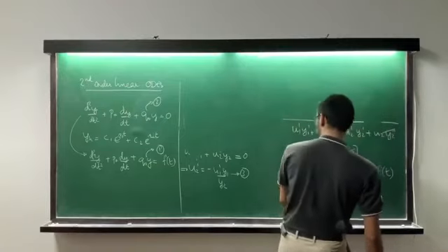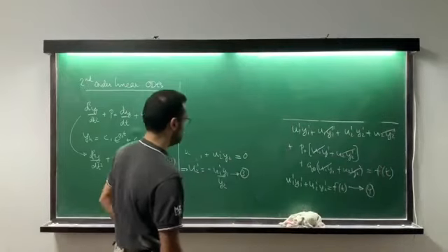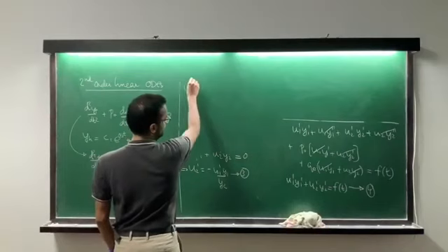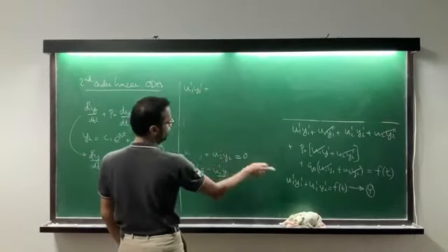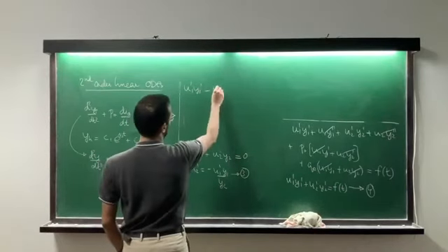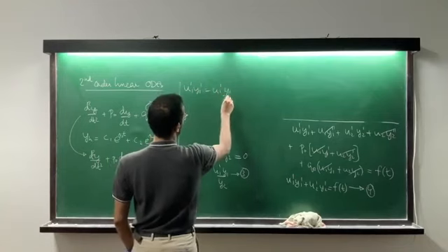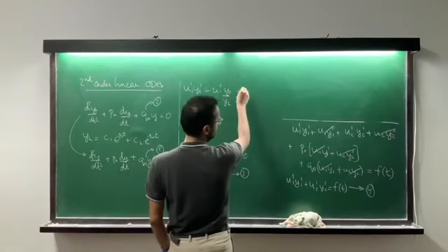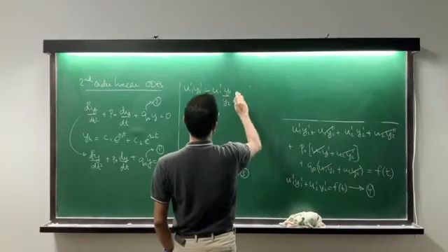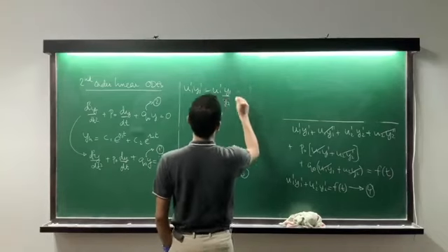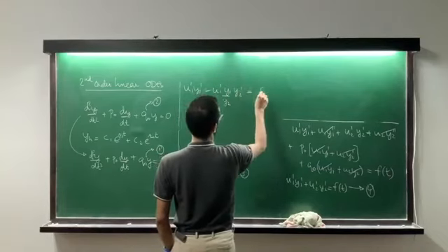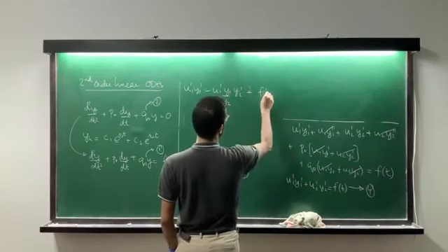So I'm going to put 3 in 4, and I will get u1 prime y1 prime plus u2 prime y2 prime, where u2 prime is now this guy with a negative sign, minus u1 prime y1 by y2, is equal to f of t.